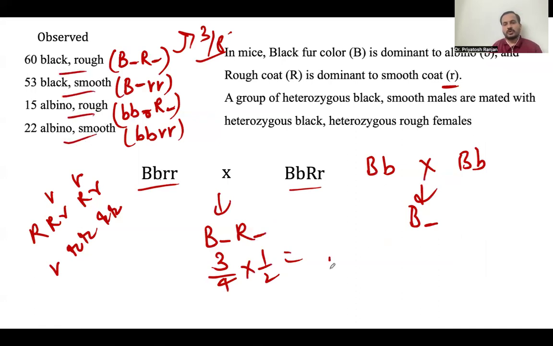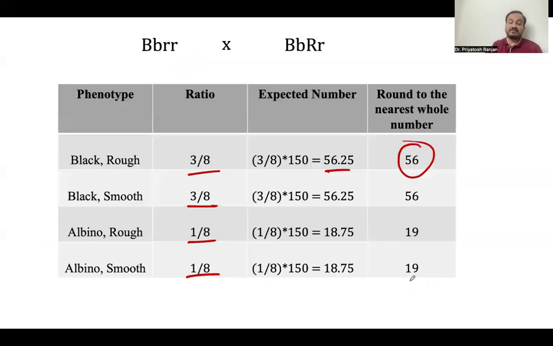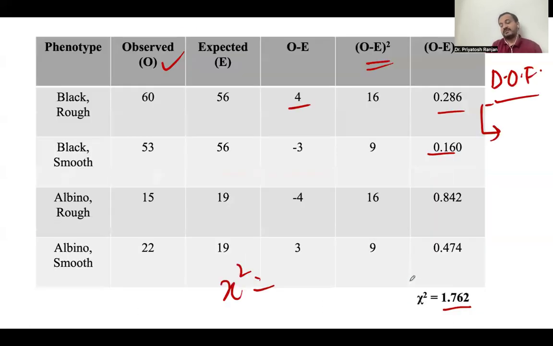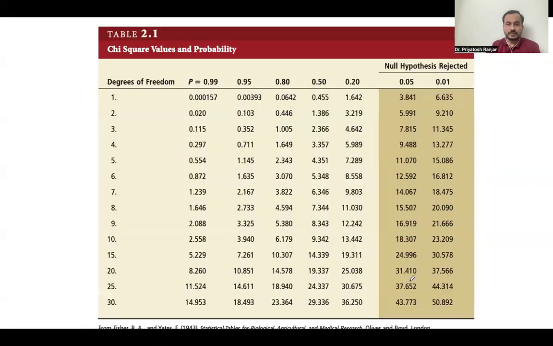The formula for degree of freedom is n-1, where n represents the total number of categories given, which is 4. You subtract 1 from it, which gives 3. So we have the degree of freedom 3, and the chi-square value 1.762, and then I need to look at this table.